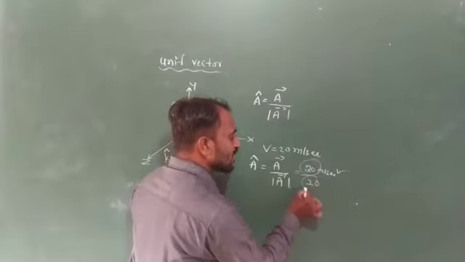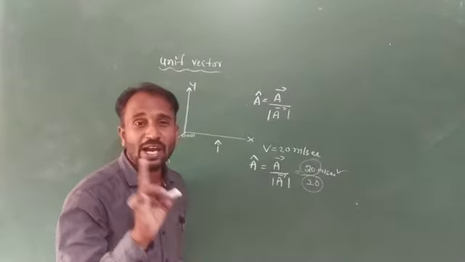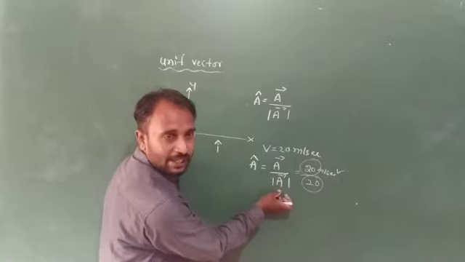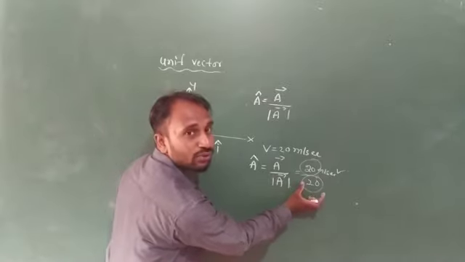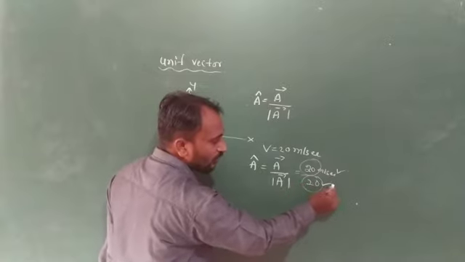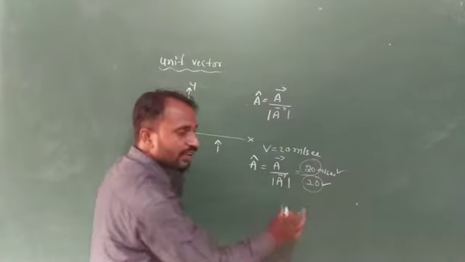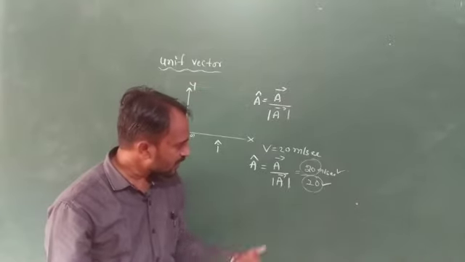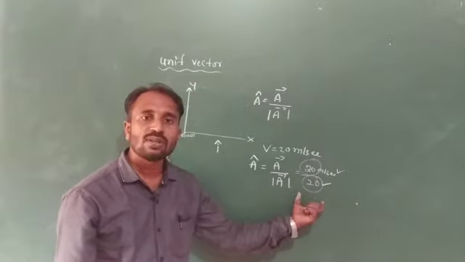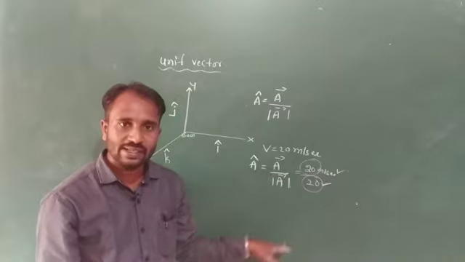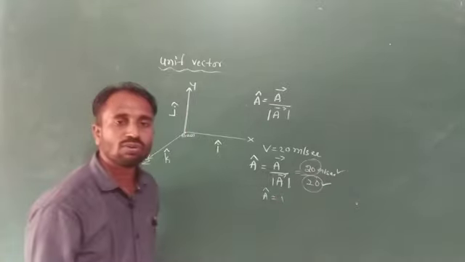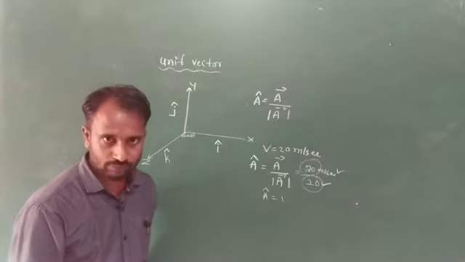But this 20 we consider only magnitude and not direction, because modulus of vector a is just a value. So vector a divided by modulus of vector a, both cancel, and finally we get the unit vector value, which is always 1.